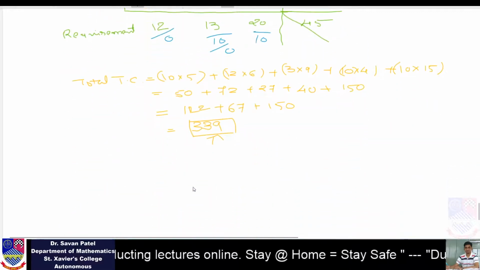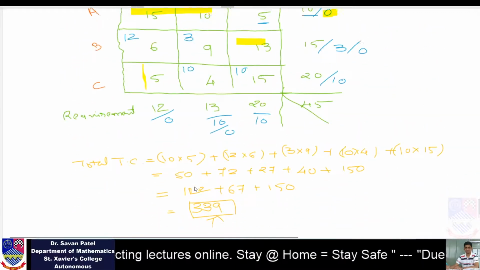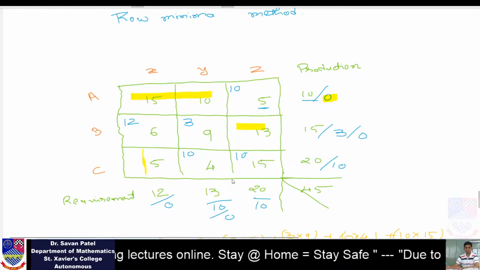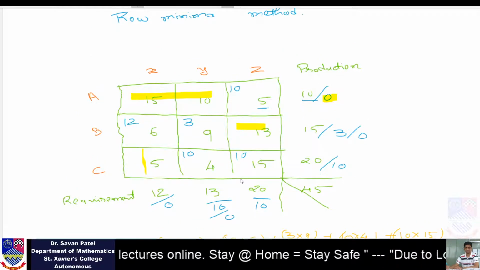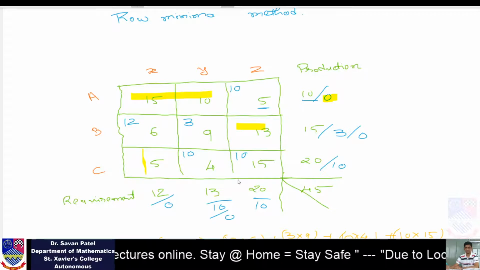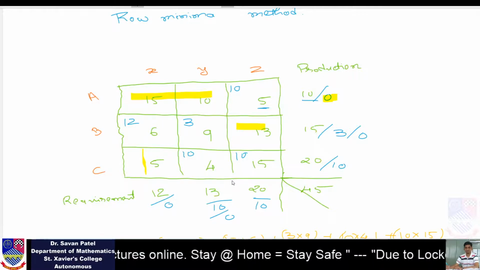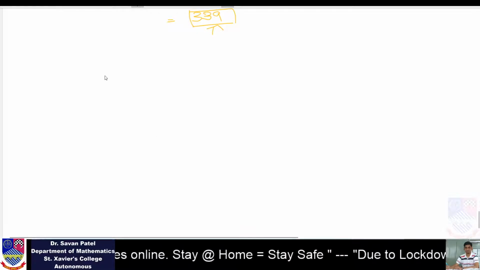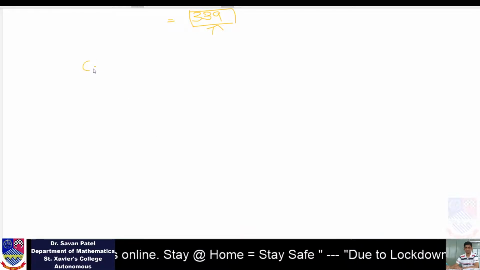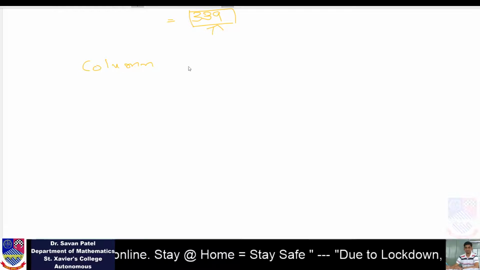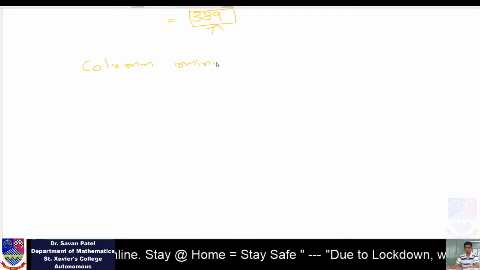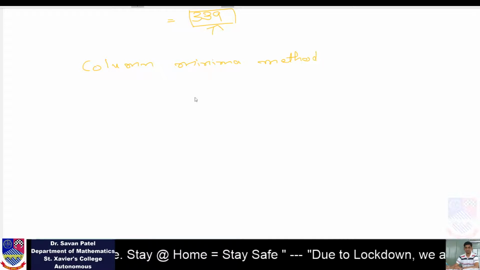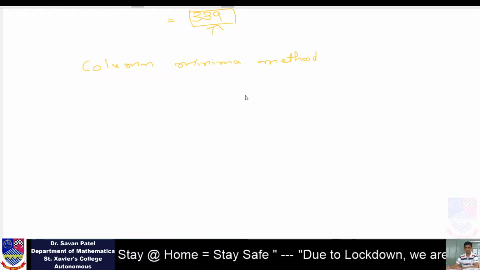Now we continue the similar process. Instead of the row minimum method, we can go for the column minimum also. So let's start with the column minimum method. For that, let me copy the whole table again.